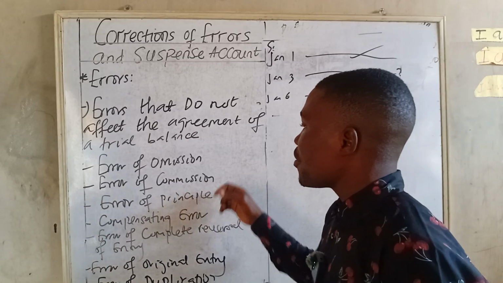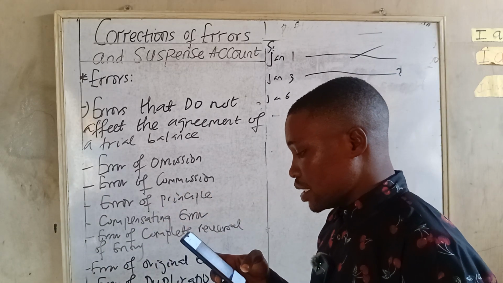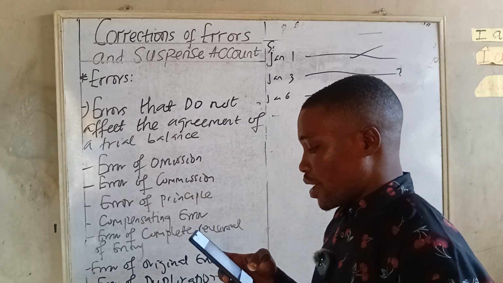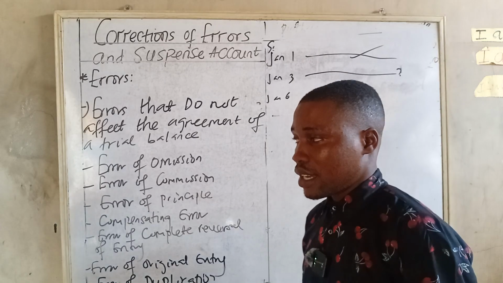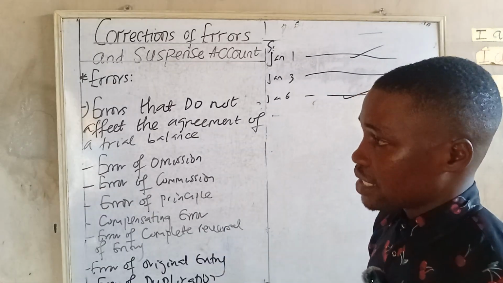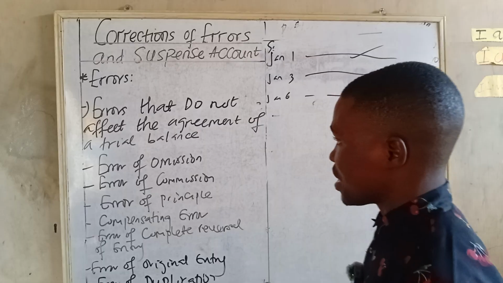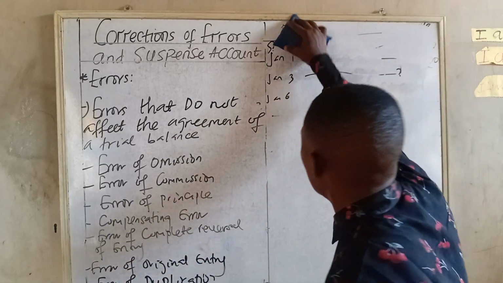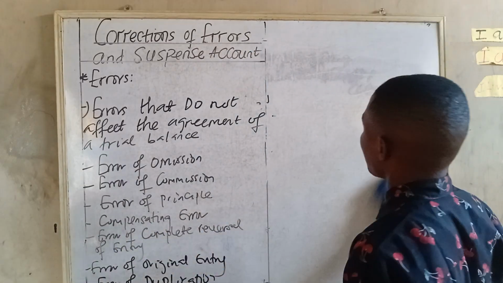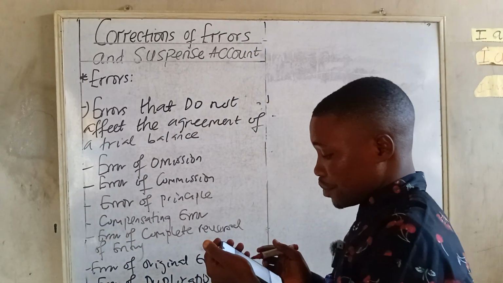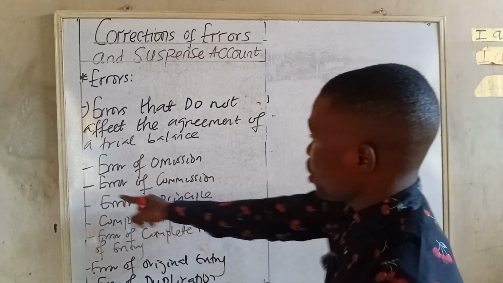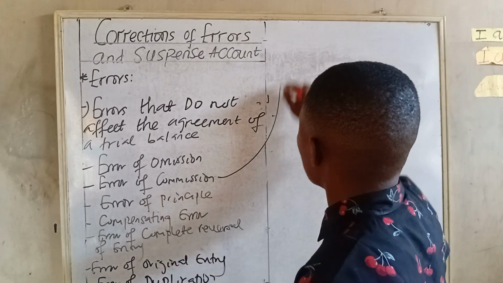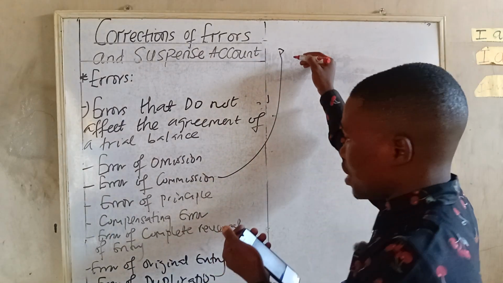Error of commission occurs when a correct amount is entered in the wrong person's account. When a correct amount is entered in the wrong person's account. Let me use a question to analyze it so that you will understand. Let's see a transaction here, number 2, error of commission.